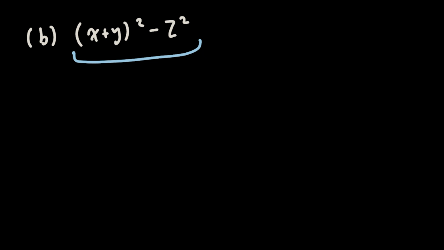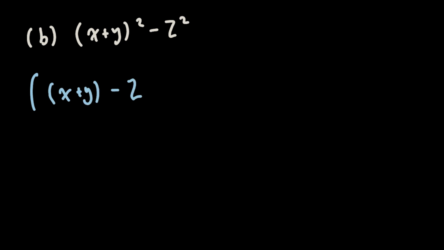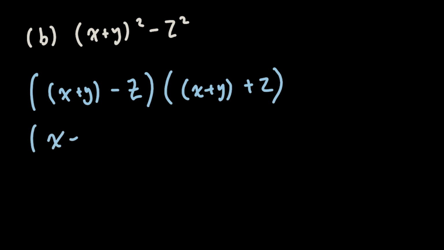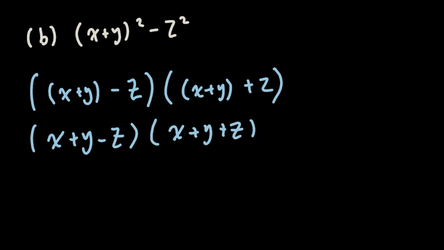As you can notice, this expression is nothing but the difference of two squares. So we can rewrite it as x plus y minus z multiplied by x plus y plus z.